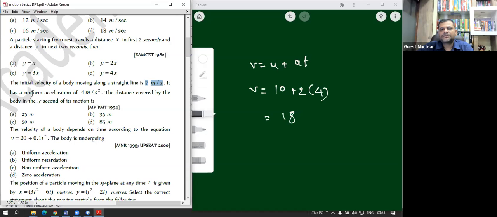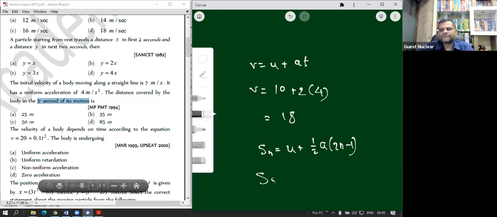If it has a uniform acceleration of 4, then the distance covered by the body in the fifth second again can be found out by the same formula, that is Sn is equal to u plus half a into 2n minus 1, where we have to find out the distance traveled by the body in the fifth second. That means we want to find out S5, right?